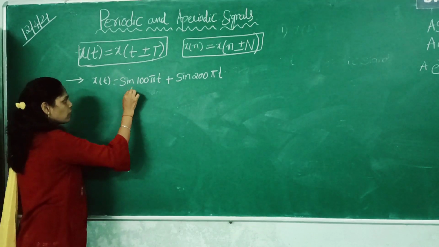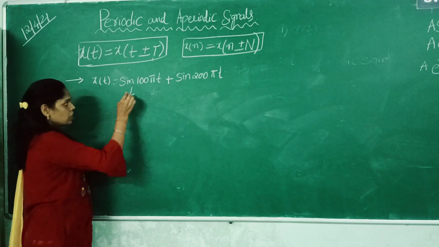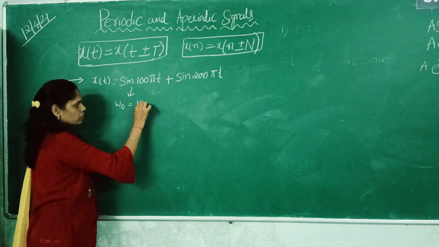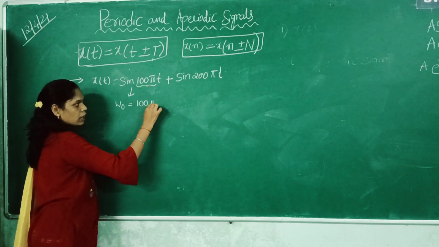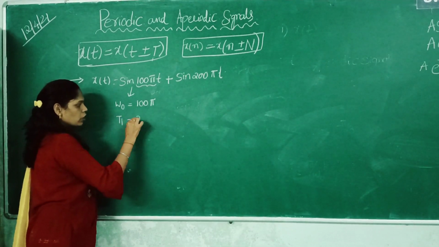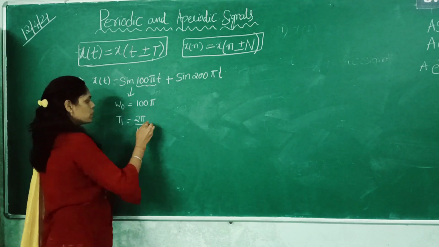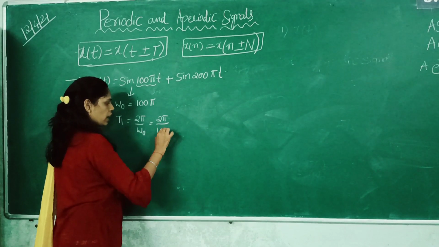First we will find out. This is in the form of a sin omega naught t plus phi. So from this equation, what will you get? Omega naught equal to 100 pi. For the first one, T1 equal to 2 pi by omega naught. So what will you get here? 2 pi by 100 pi.